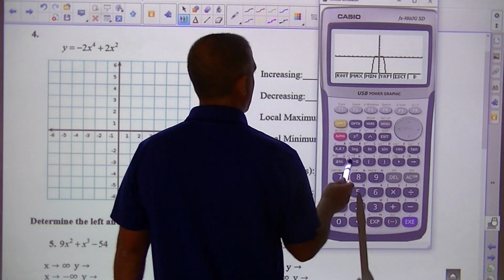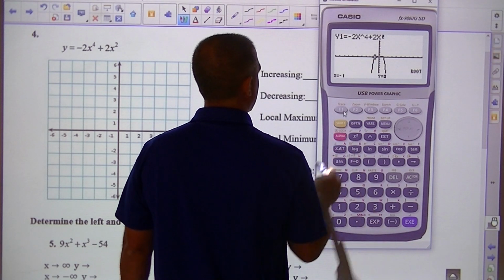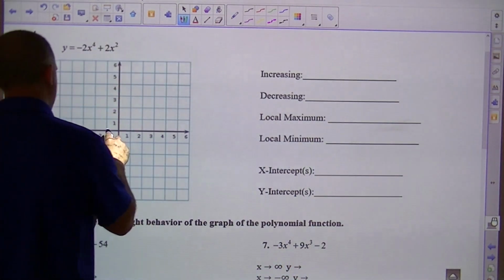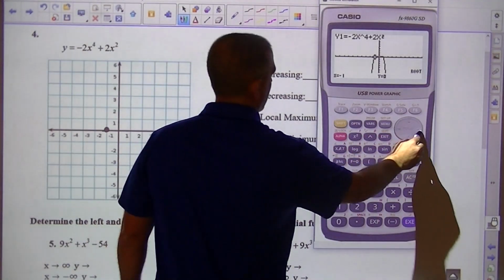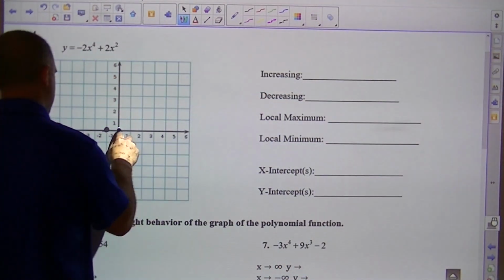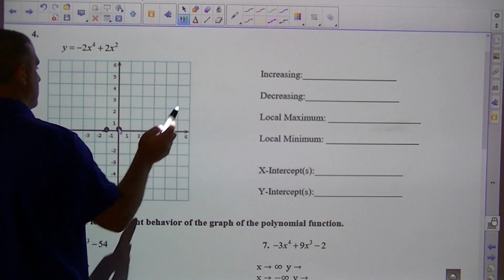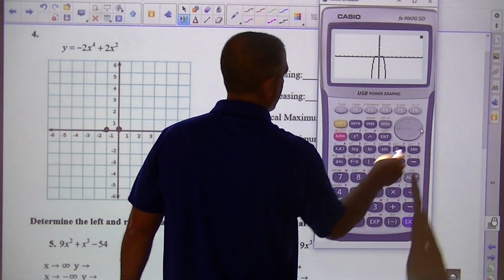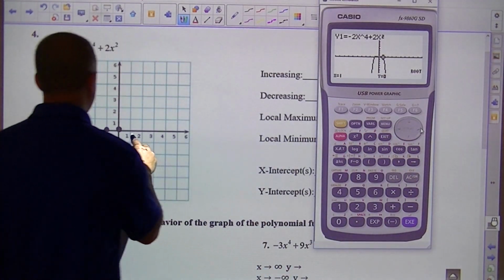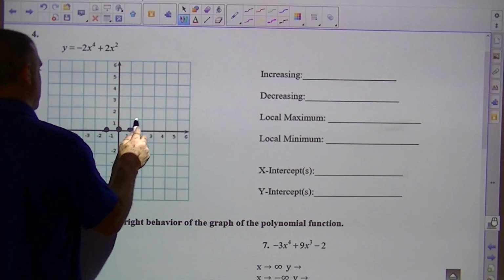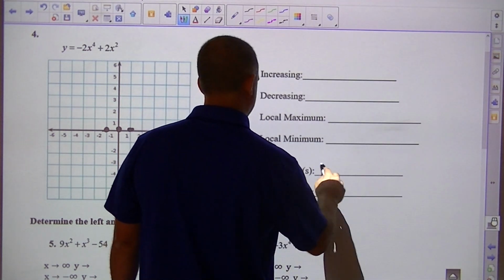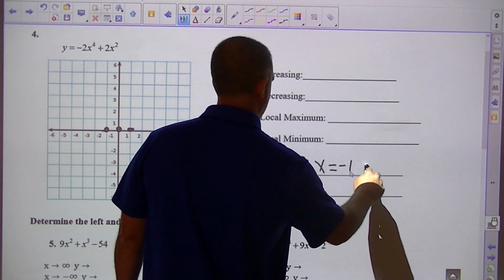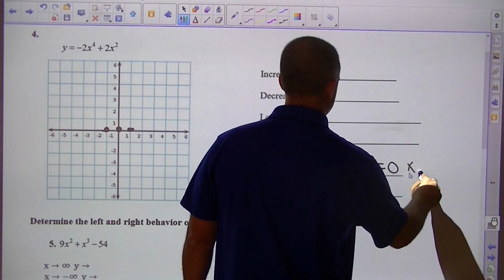Let's go g-solve root. Okay, I'm at -1, 0. All right, hit over. I'm at 0, 0. And if I hit over, I'm at 1, 0. I think that's it. All right, so I got x equals -1, x equals 0, x equals 1.